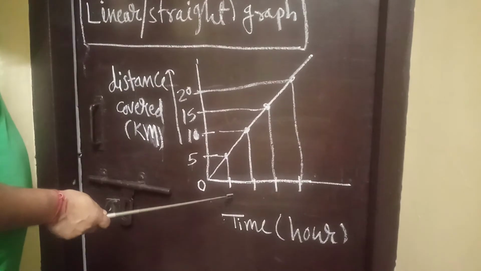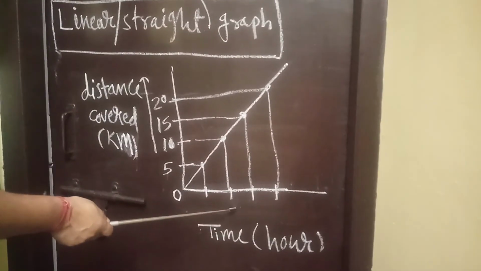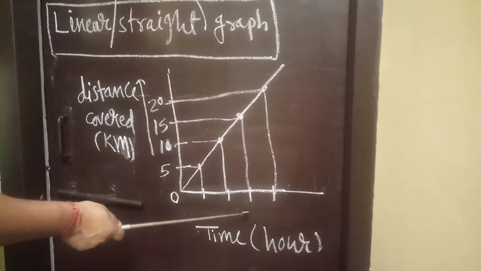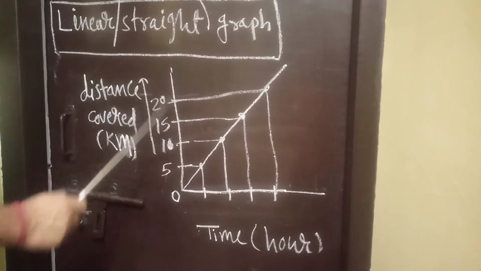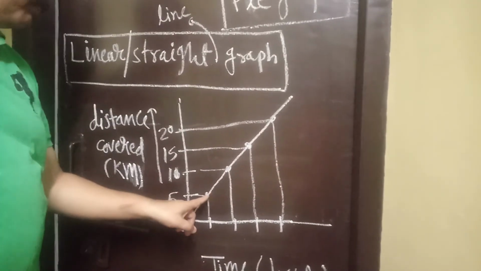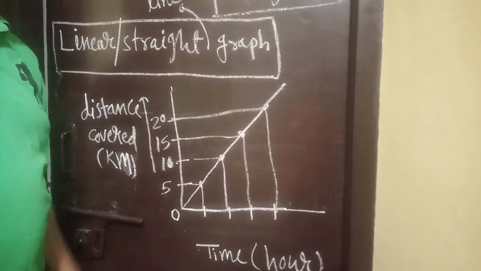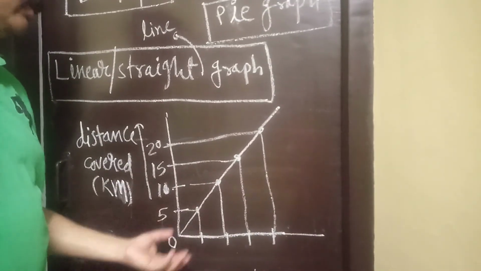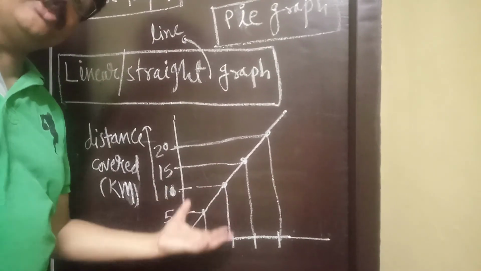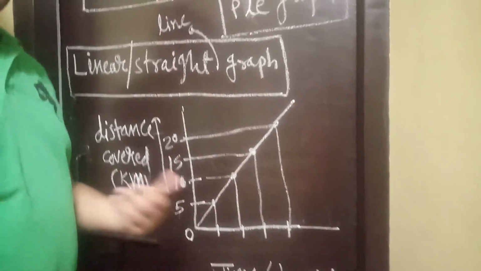Look here, in 1 hour it covers 5 kilometer, in 2 hour it covers 10 kilometer, in 3 hour it covers 15 kilometer, in 4 hour it covers 20 kilometer. So you put the dots and then join the dots, you will get a straight line. This straight line represents that the motion of the object is uniform. This graph you will read on page number 93.